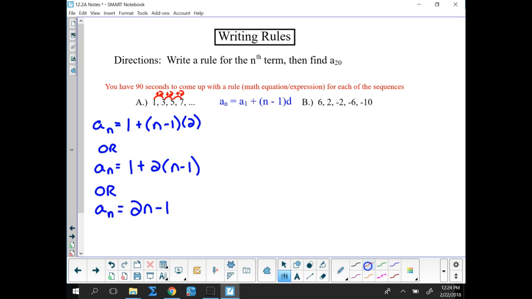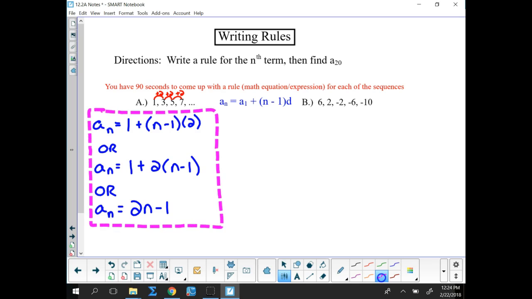Whoa. How did I get that? I distributed that 2, right? Got 2n minus 2, and then I added 1 to that, and I got 2n minus 1, right? So those are the 3 different variations that I would accept as a rule for that one.